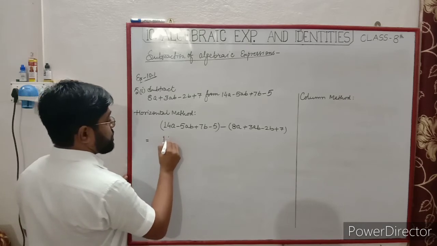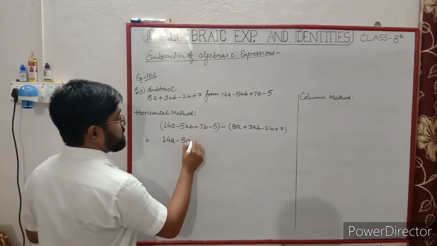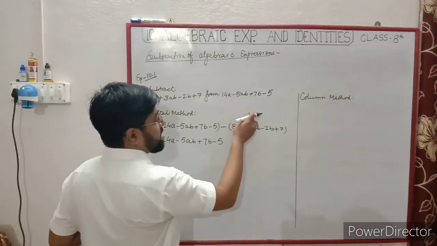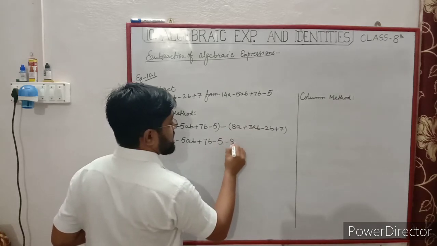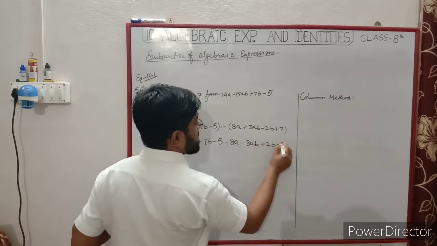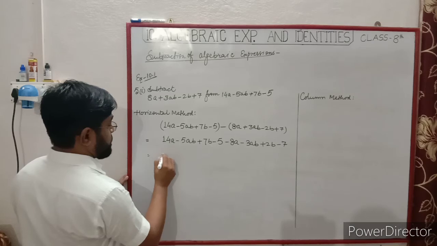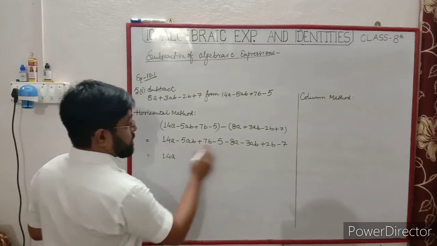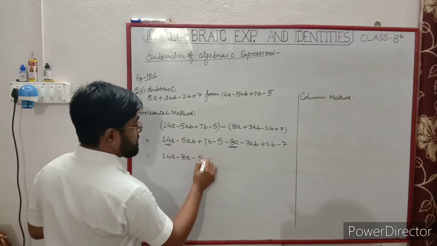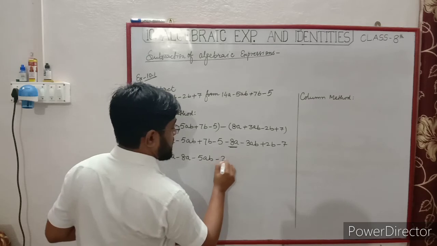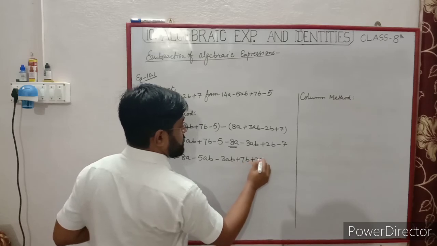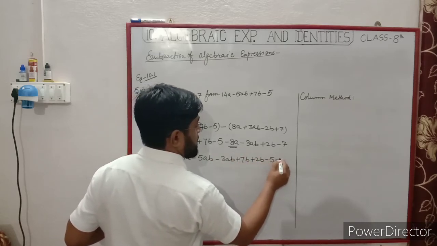Next step, 14a minus 5ab plus 7b minus 5. Now remove the small bracket and the signs will be changed. So minus 8a minus 3ab plus 2b minus 7. Now 14a minus 8a, minus 5ab minus 3ab, plus 7b plus 2b, minus 5 minus 7.